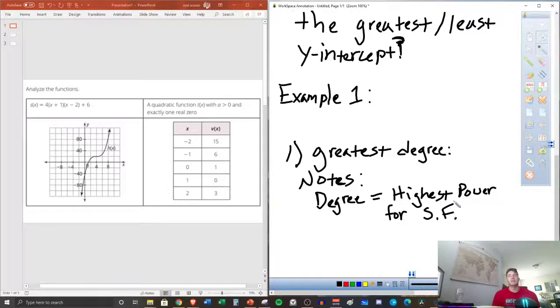None of our equations here are in standard form. All right, so that's our first little note. Here's the next one. Degree is equal to the number of, I'm going to put it this way, real or imaginary roots.